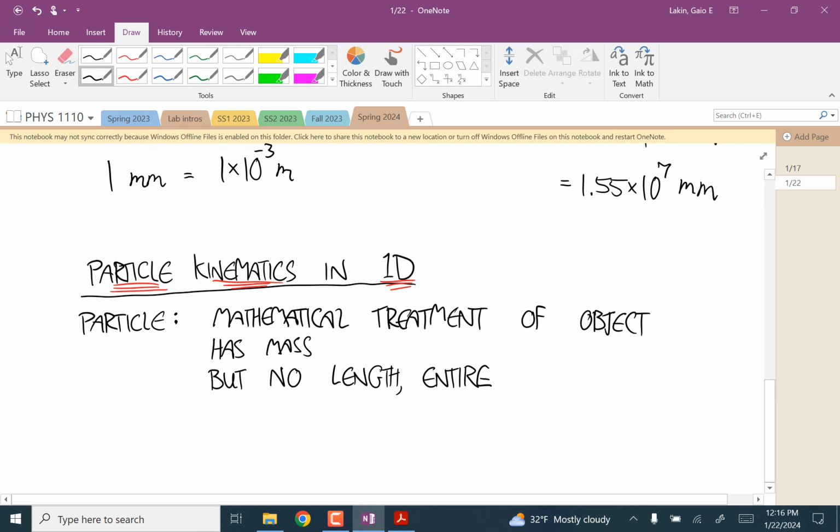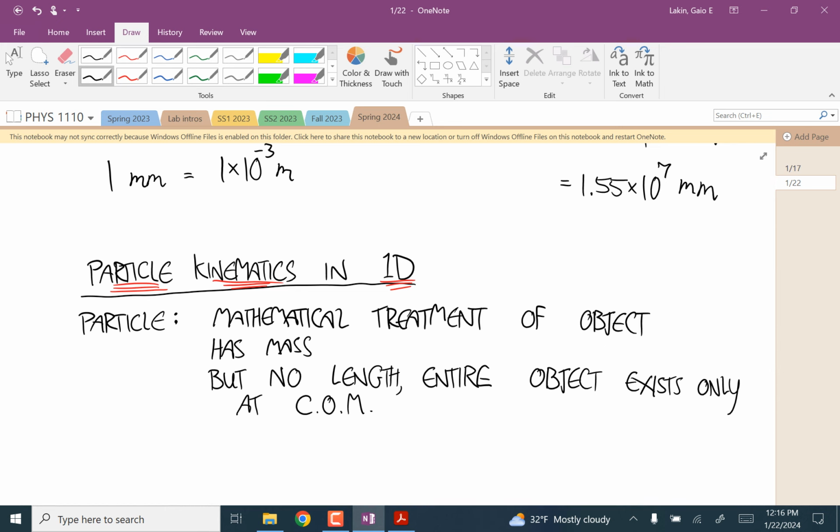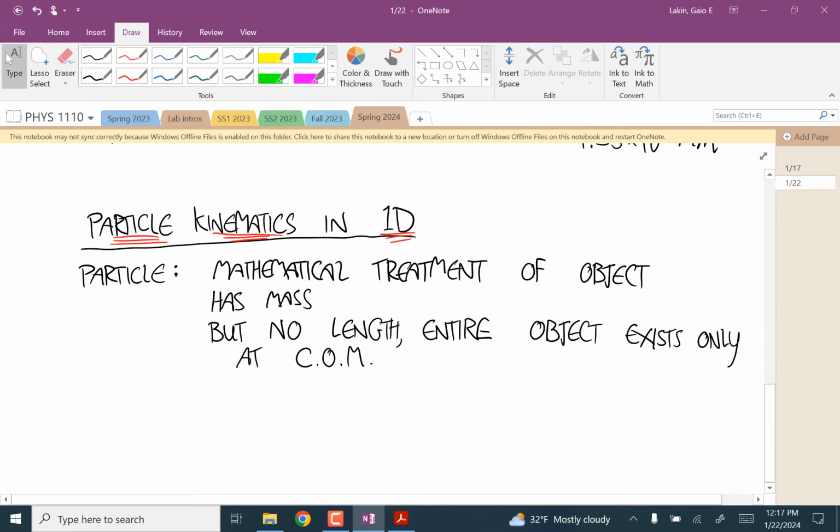Basically, think of it as just the middle of the object. So center of mass. And since it has no length dimensions, there's no way to tell one side of it from another side of it. There's no way to say, okay, this is the headlight and this is the bumper or whatever. It all just exists at a point.